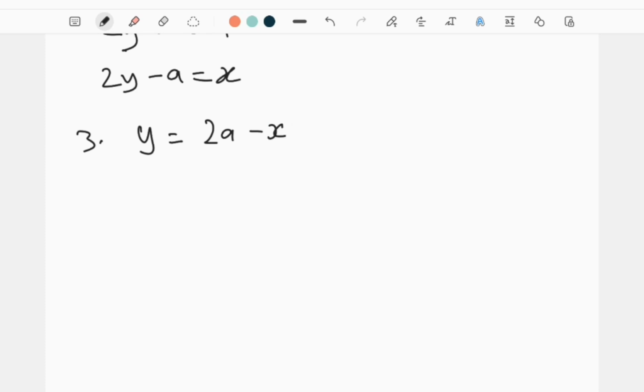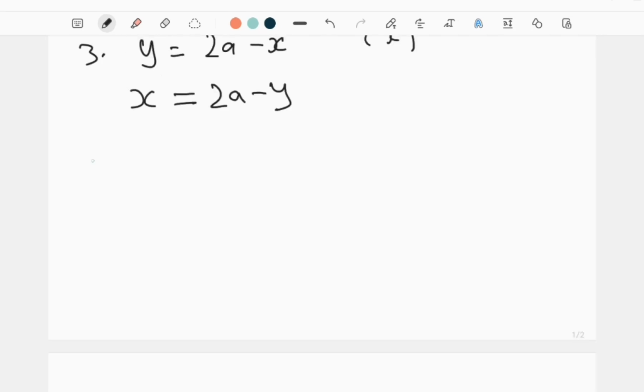If you want to make x the subject again, in this case we can just move the x to the other side and move the y to this side. So it will be x, because minus x becomes plus, and your 2a is still there, and plus y becomes minus y.